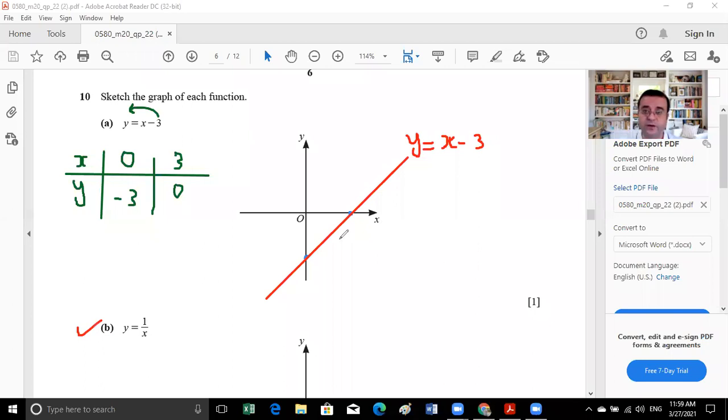Did you draw this one here, 3, 0, and this one, be careful, 0, -3, according to these points? Done? Yes. Clear.